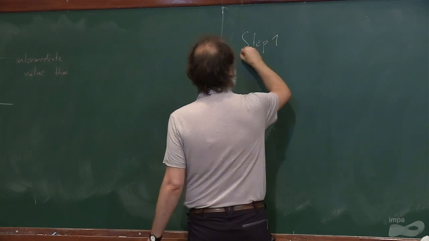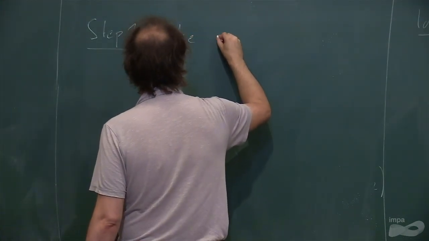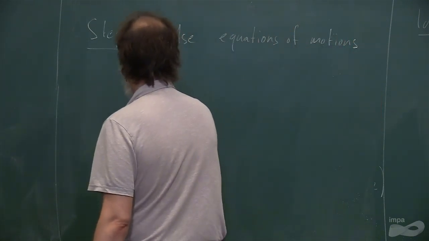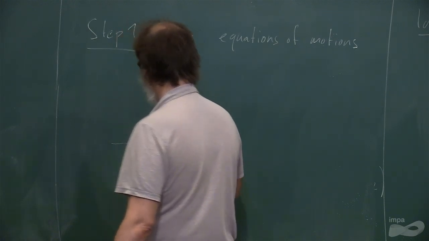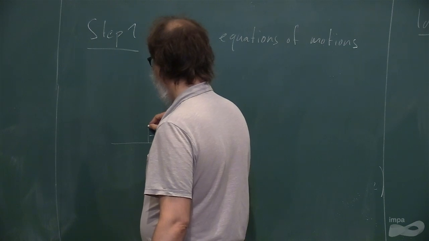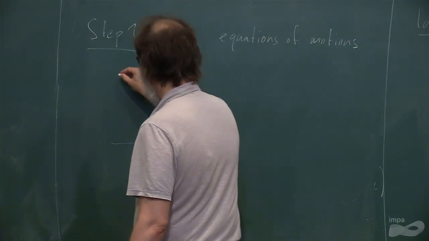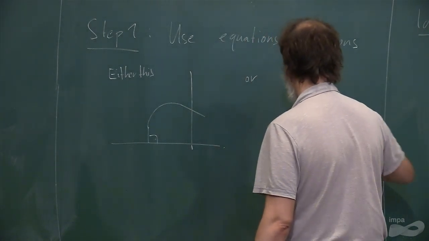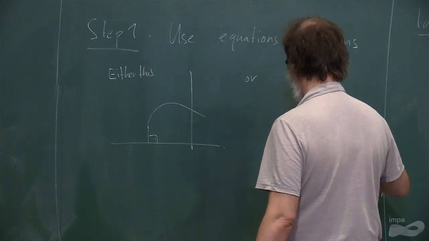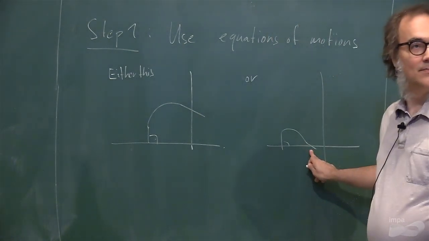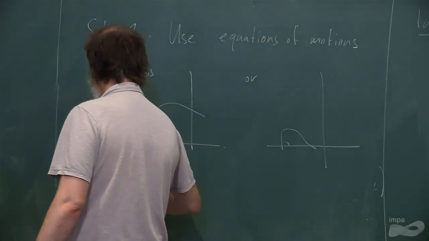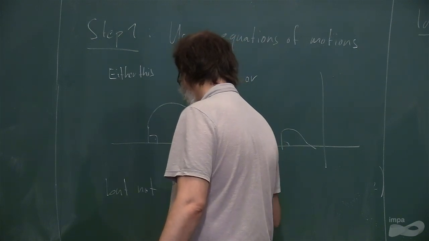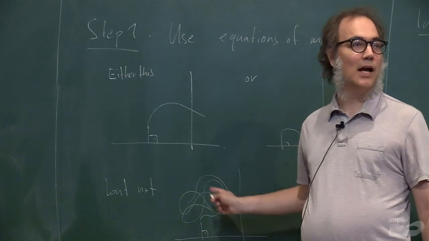So step 1 is use equations of motion and then you show wherever you shoot, either this or you will hit the y-axis, or this, but not, for example, this is not possible, that you shoot here and you stay here forever in this first quadrant.